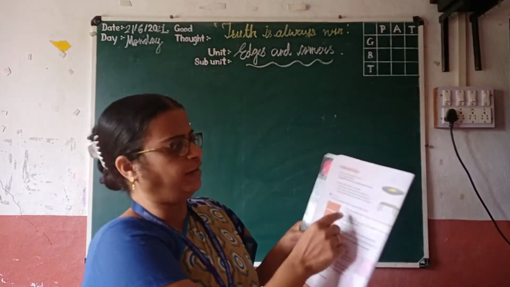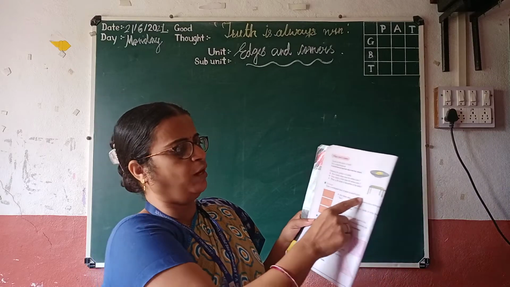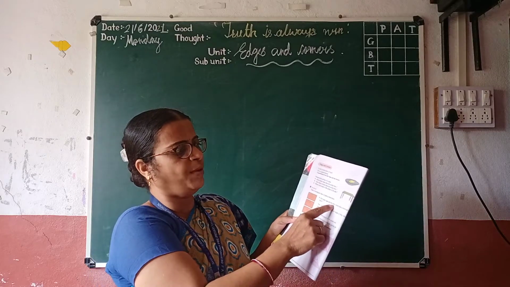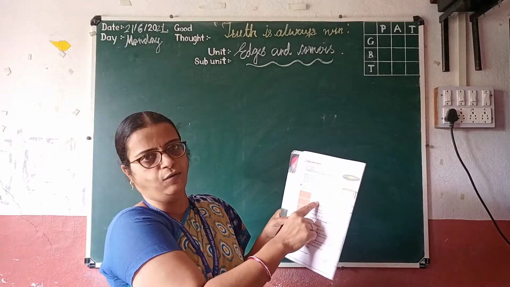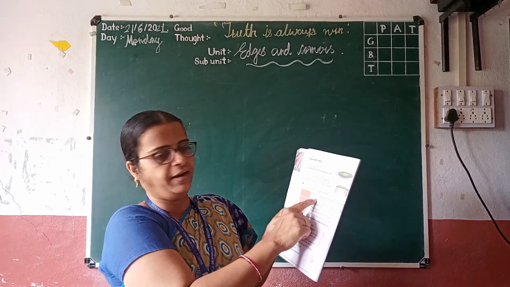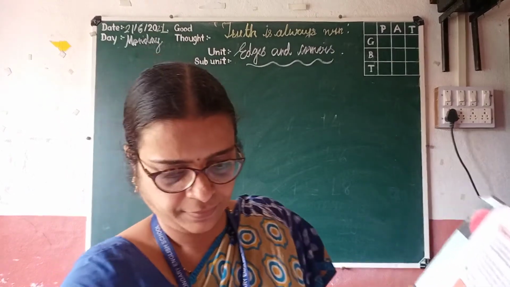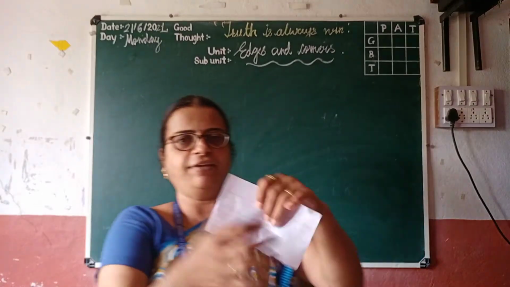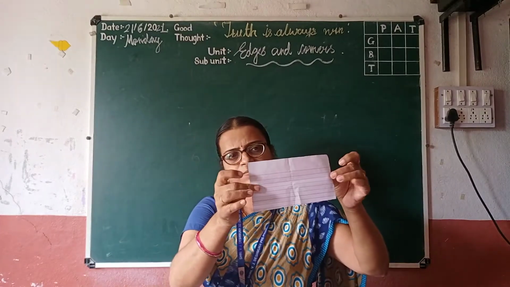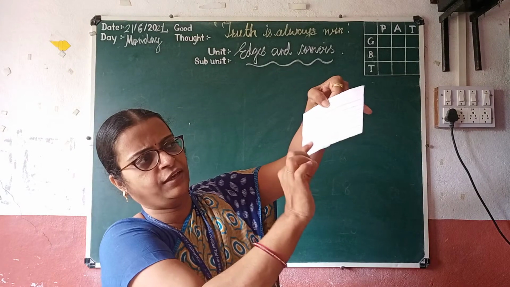Now look here, rectangle. Take a rectangular sheet of paper as shown below. How many edges and how many corners does a rectangle have? See here. This is a rectangle shape. It has edges 1, 2, 3, 4.